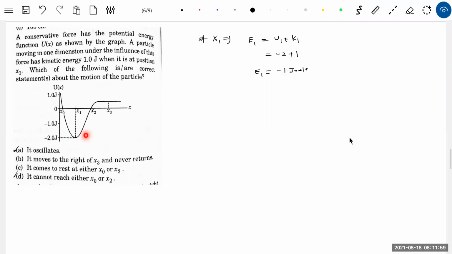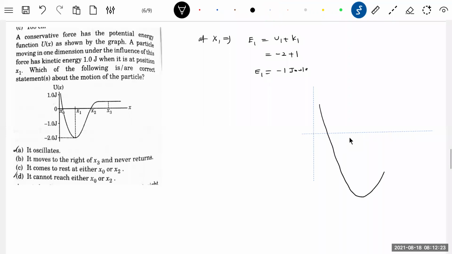Now, okay, you take this one. If I slightly displace it, how will the force act? There's a graphical analysis. Student has to bring its graphical analysis into the picture.